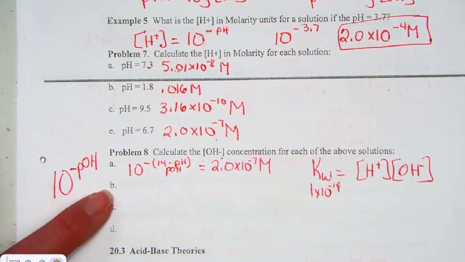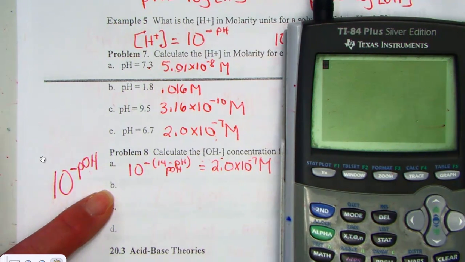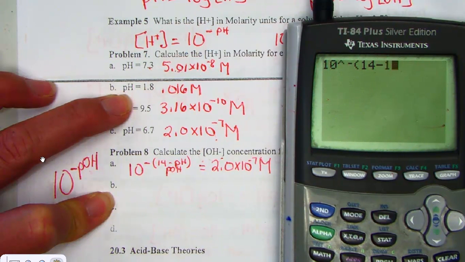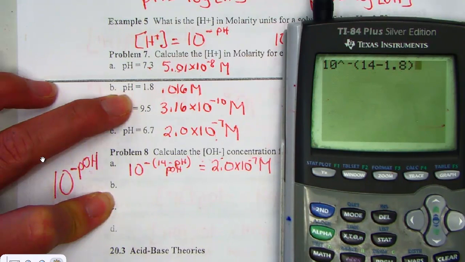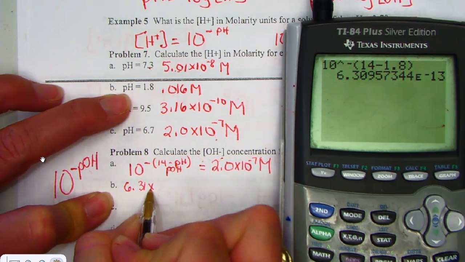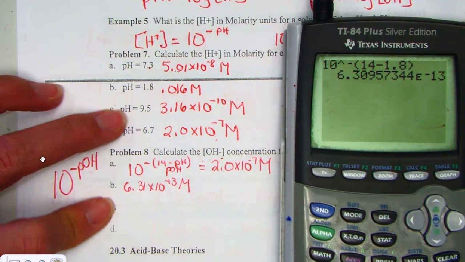10 raised to the negative pOH is fewer keystrokes. So if I were to model letter B, using my pH of 1.8, I go like this, 10 raised to the negative, then a parenthesis, 14 minus pH, and in my parenthesis, I'm letting that stand for pOH. My hydroxide, 6.31 times 10 to the negative 13th molar units.